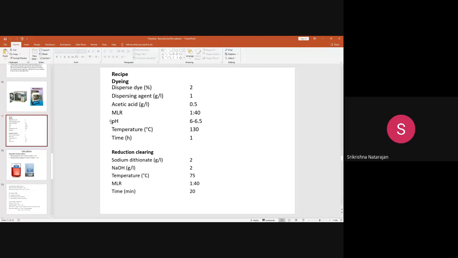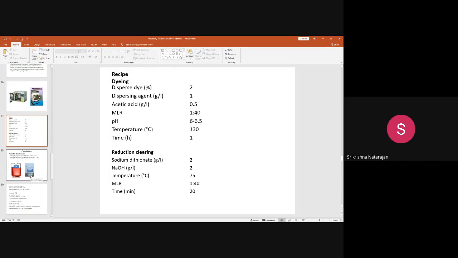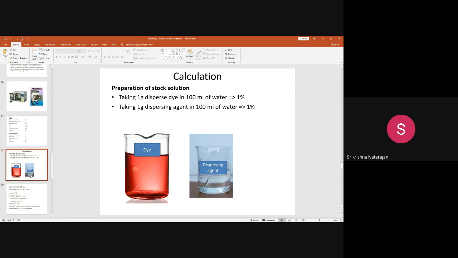The pH, temperature and time are set in the machine. For our calculation part, this is the one we are interested in. So for example, how to put the calculation, we will see. See, for example, how you want to take the dye.